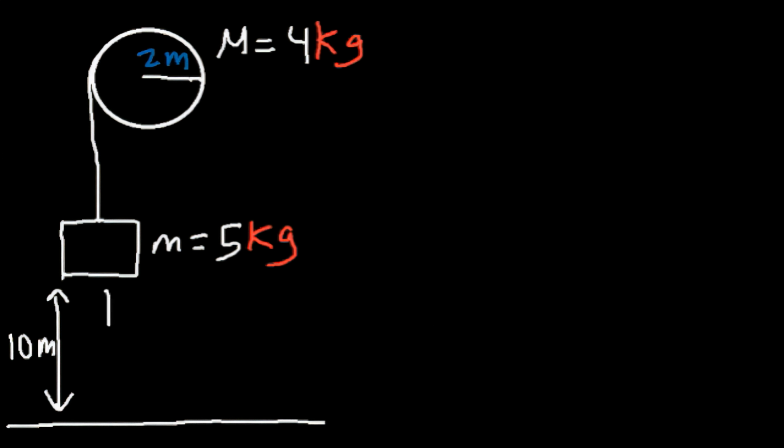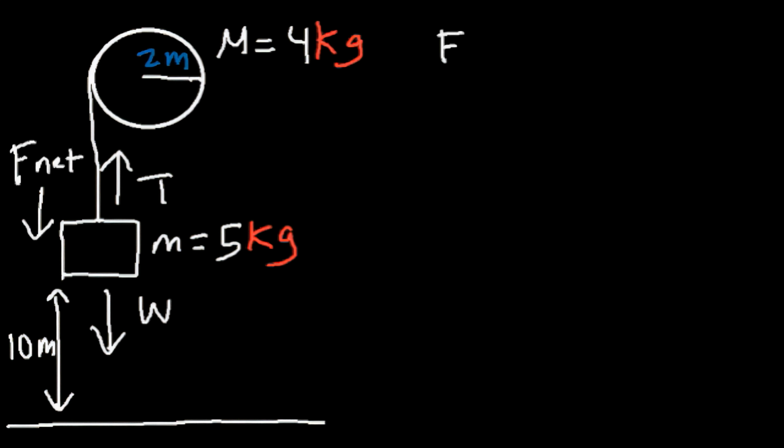The block has a downward weight force and it has an upward tension force that slows the descent of the block. And so the net force of the block is directed in a downward direction. The net force of the block is the difference between the weight force and the tension force.